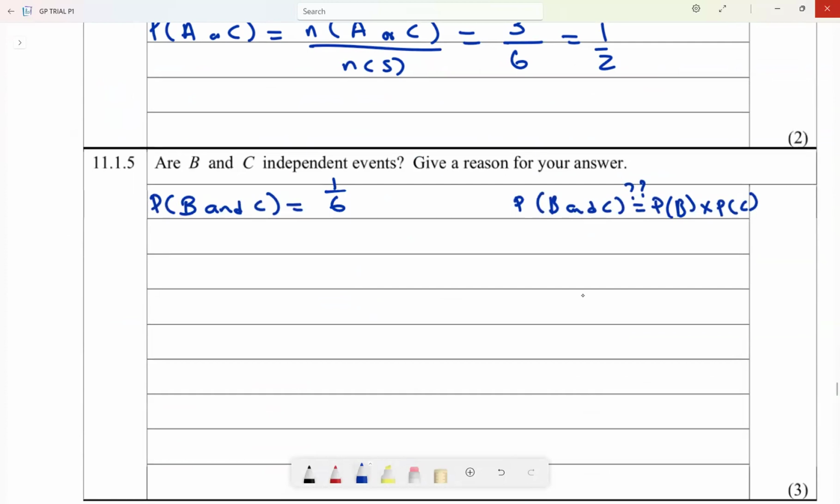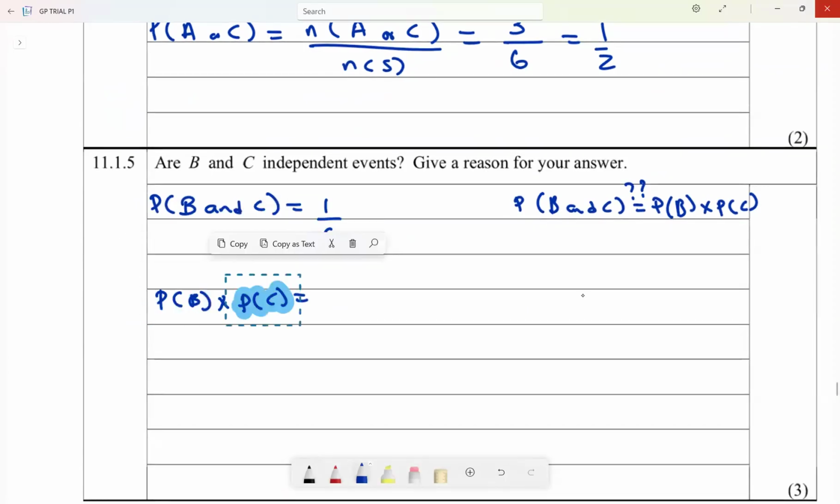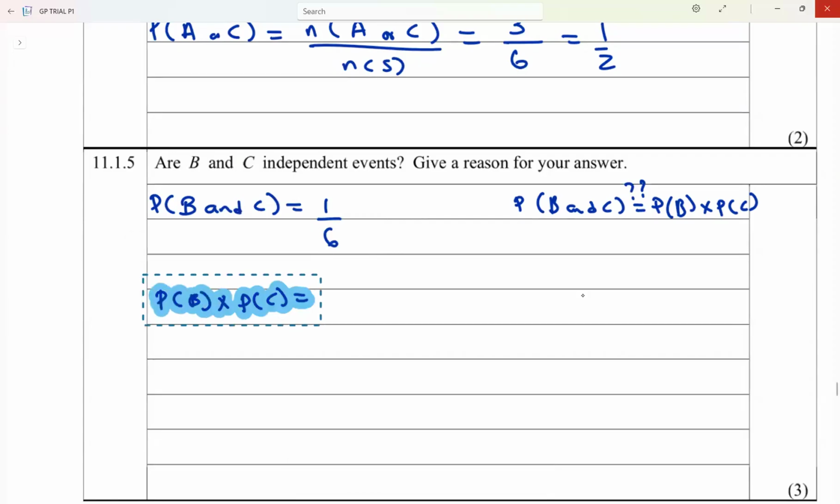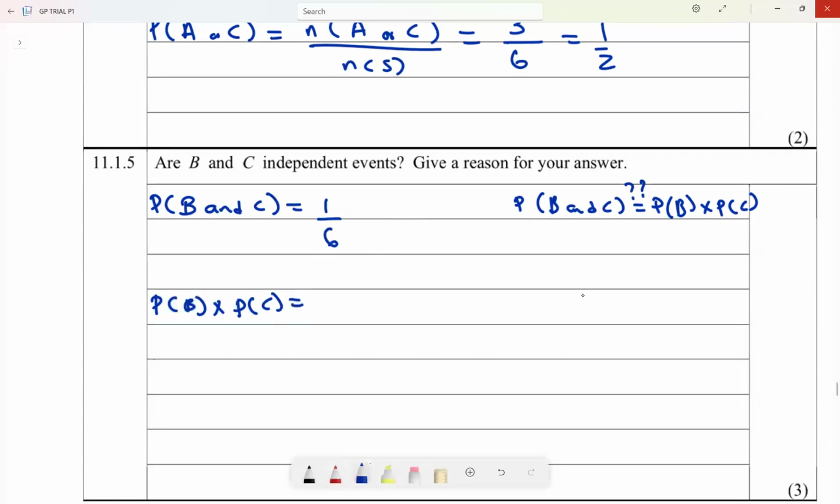And then let's look at the probability of B multiplied by the probability of C, to see if it gives us the same thing. The probability of B multiplied by the probability of C, how much is it? Probability of B, it was 1 over 2. Probability of C was 1 over 6.